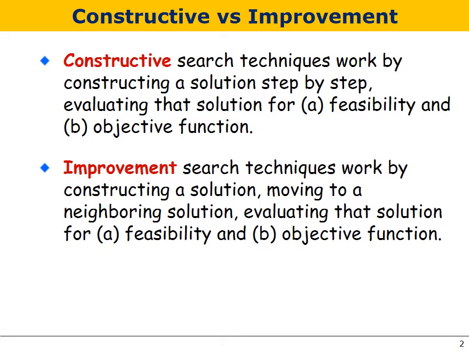In improvement heuristics, on the other hand, you start from an initial solution. This initial solution can come from a construction heuristic. Then starting from this solution, you move to a neighboring solution and compare it with the previous one. You try to maintain the feasibility of the solution and try to improve the objective function value.